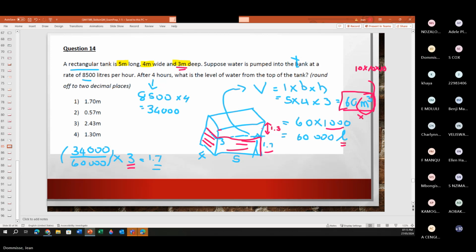So if it's 1.7 from the bottom, the tank is 3 meters deep. What is actually left from the top is 1.3. So this was really a tricky one.